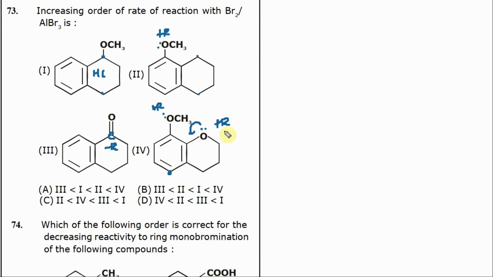Correct? So you want to look into what is the order. Now one thing is that we know that 1 or 4 is going to be the first one. And ரெண்டுத்துலயுமே plus R இருக்கு. 3 is the last one. So this is wrong. Three is the last one.